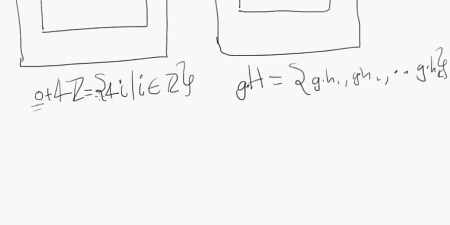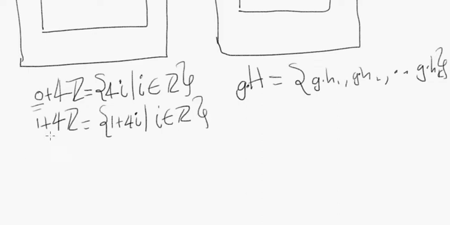What about the other cosets? Let's think of some more cosets. Well, what's 1 plus 4Z going to give us? It's just going to give us all elements of the form 1 plus 4i such that i is an integer. That's pretty clear, isn't it? Because one of the elements in this would be 1 plus 4 times 1, 1 plus 4 times 2, 1 plus 4 times 3, 1 plus 4 times 4, which is 1 plus 4 times any integer.